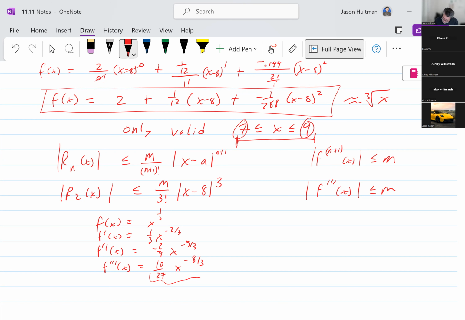So we're going to say that this is 10/27 of x to the 8/3, but we're going to plug in 7 to that, and we're going to plug in 9, and we're going to take the biggest one. Okay, the upper bound.